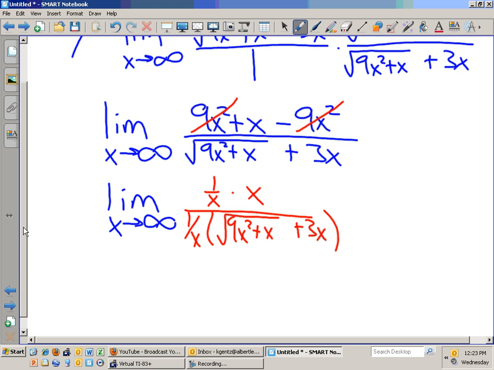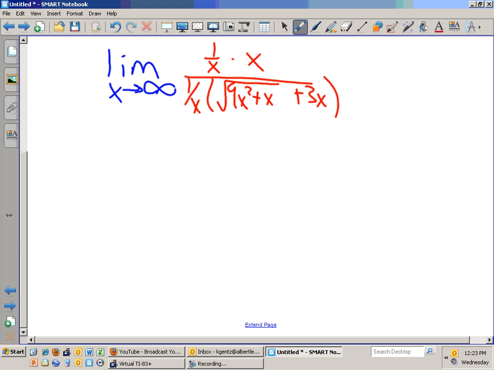Now I've got to work that through. I get the limit as x approaches infinity of, what's 1 over x times x? 1. Now, when I multiply the 1 over x through this square root, I really have to multiply by 1 over x squared.